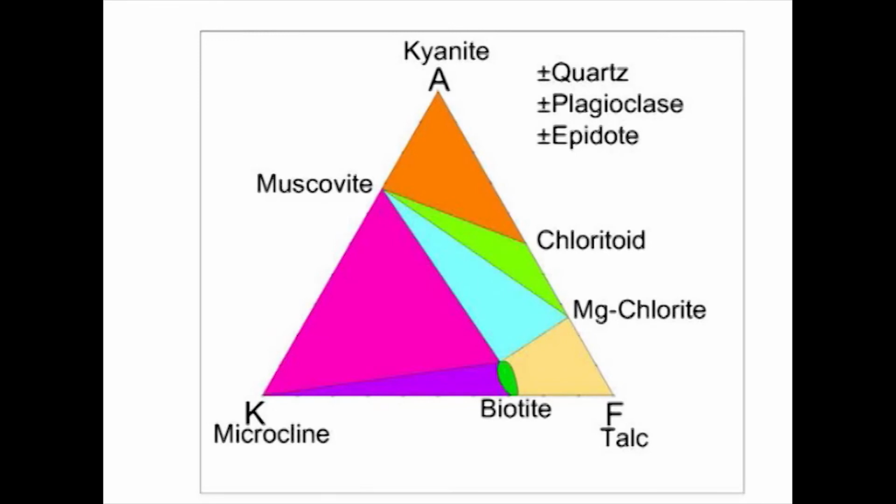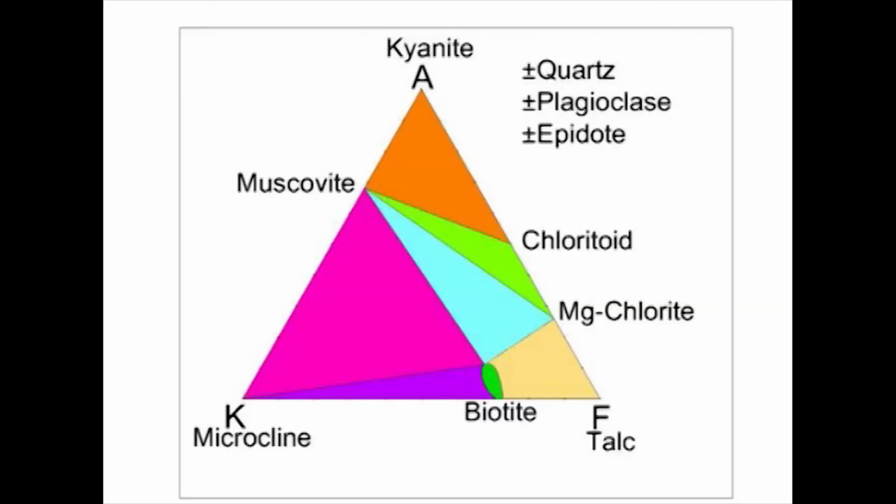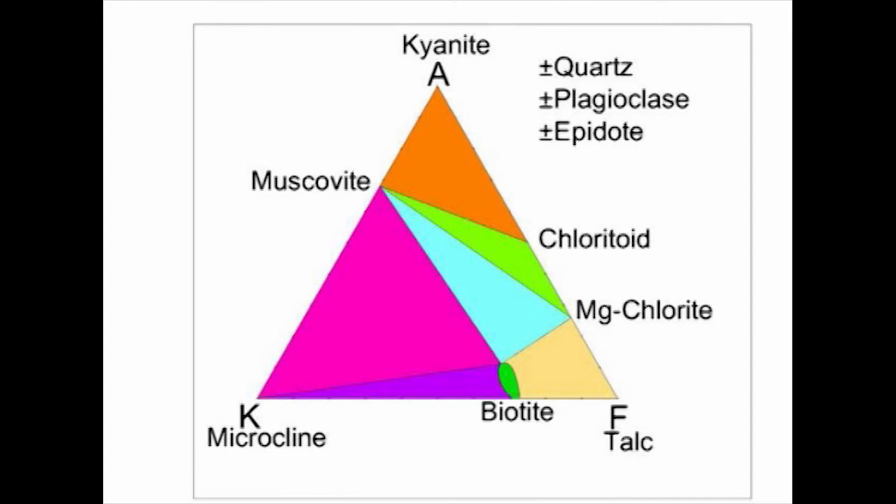In short, this is also known as chlorite schist. Fifth assemblage is your chlorite plus biotite plus epidote plus muscovite plus albite plus or minus quartz, also known as biotite chlorite schist. And sixth assemblage, biotite plus or minus epidote plus or minus microcline plus or minus albite plus or minus quartz. In short, it is also known as biotite schist.